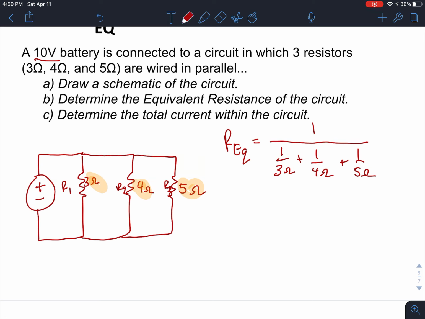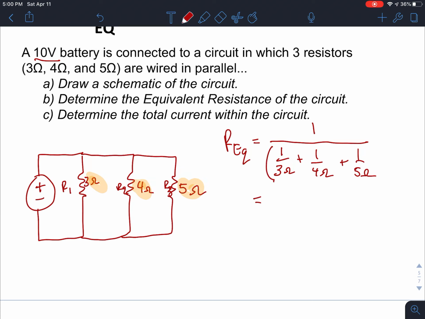Now get your calculator out, and if you follow along, once you get it turned on, to solve for this, all we have to do is this. We can go 1 divided by, and then open a parenthesis, and then go 1 divided by 3 plus 1 divided by 4 plus 1 divided by 5. Close parenthesis.